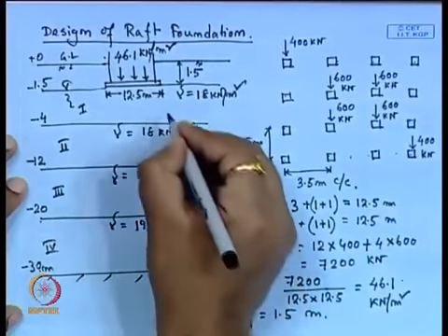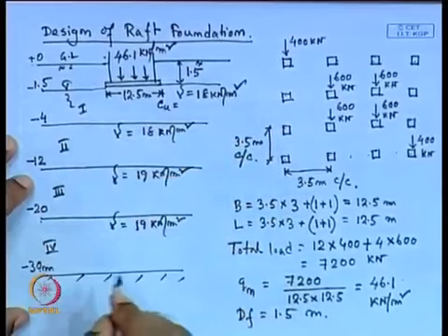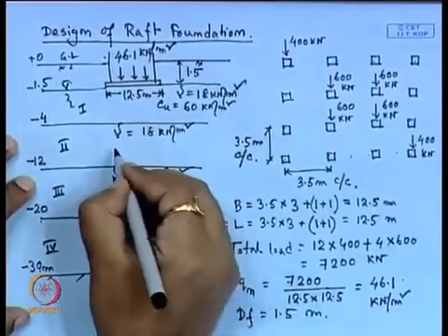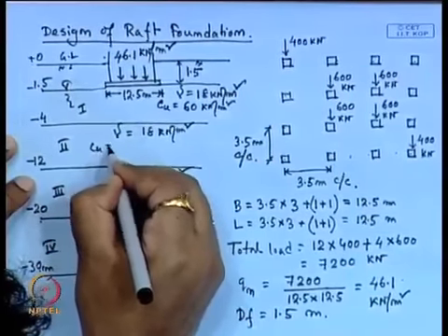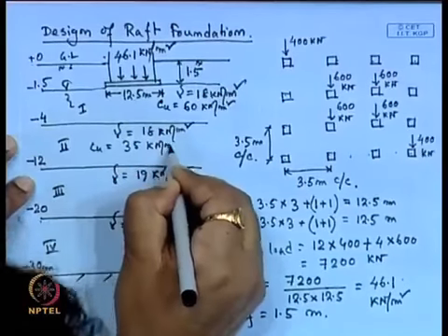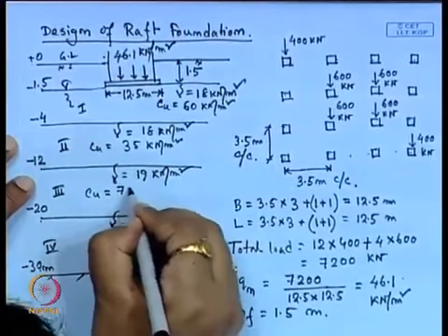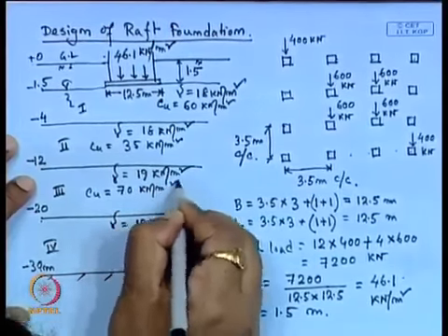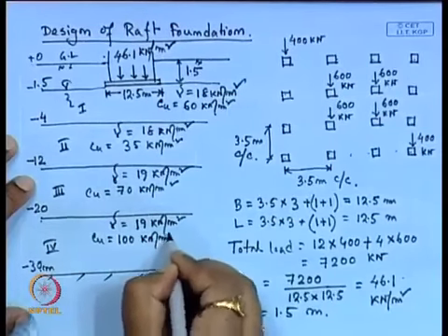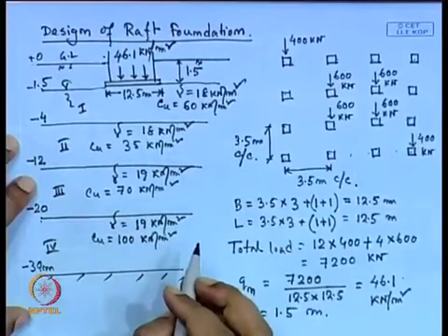Now, these are all clay soils. The Cu value for layer 1 is 60 kilonewton per meter square, for the second layer 35, for the third layer 70, and for the fourth layer 100 kilonewton per meter square. These are the soil data observed after testing.